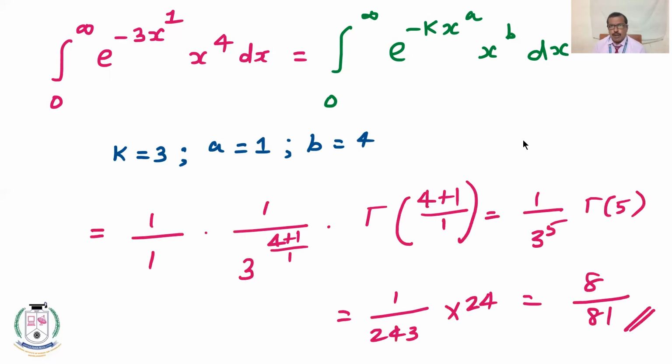So we use the formula: 1 by a, 1 by k power (b plus 1) by a, gamma of (b plus 1) by a. If we substitute that, we get this to be equal to 8 by 81. So either way we can do this problem, but whenever you are using a result, it is always better to write the result, then substitute the values and get the answer.